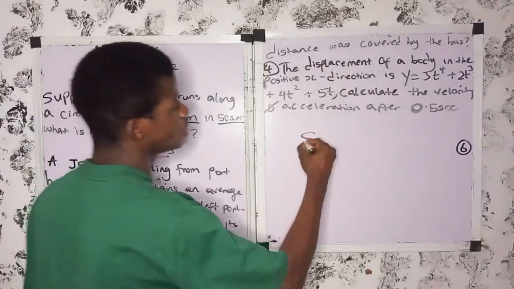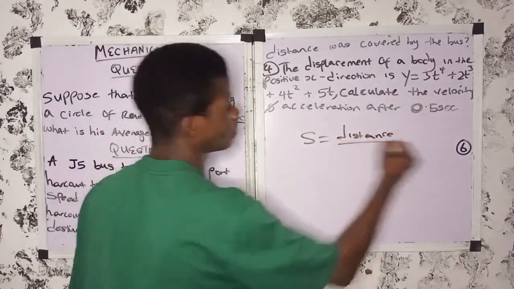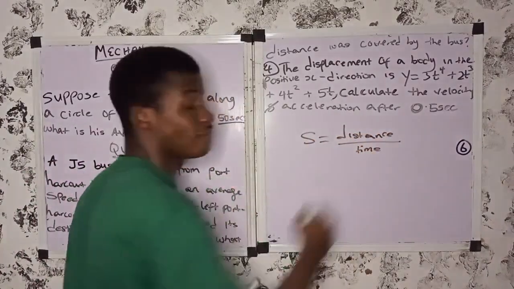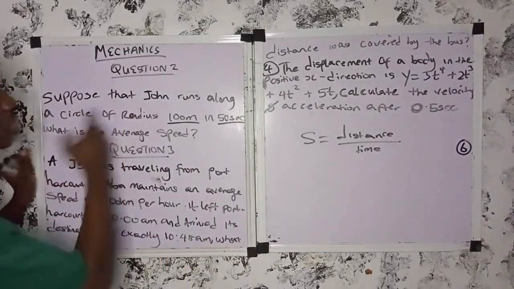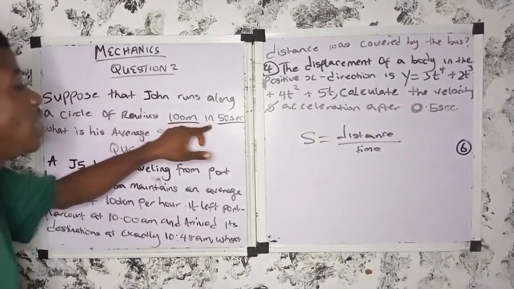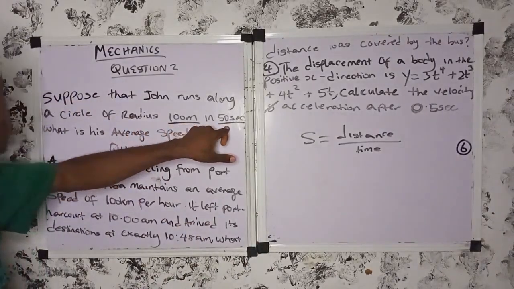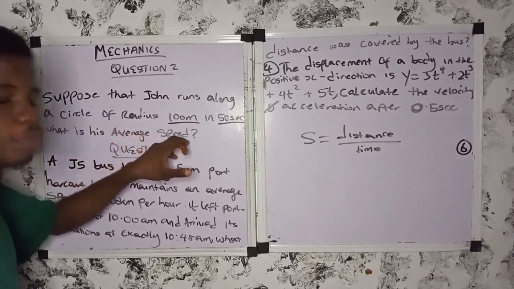Speed is the distance covered by an object divided by the time, right? So suppose that John runs along a circle of radius 100 meters in 50 seconds. What is his average speed?